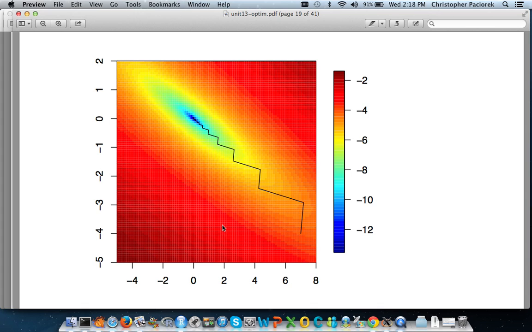The other thing that you can think of Newton's method as doing, or taking account of second derivatives in some fashion, is this: I have this local information on the gradient here, but the second derivative tells me something about the change in the gradient, right? It's the derivative of the derivative.